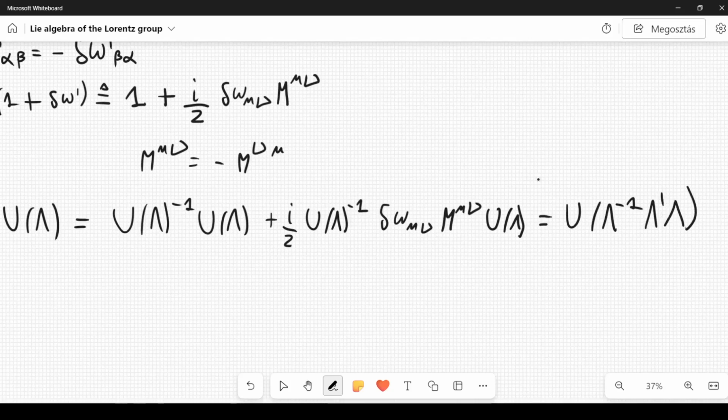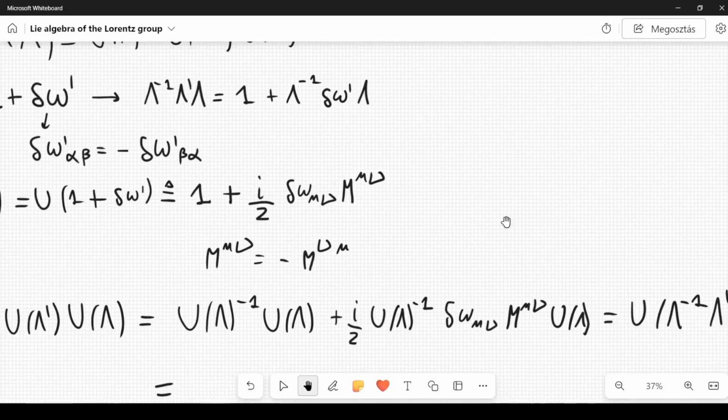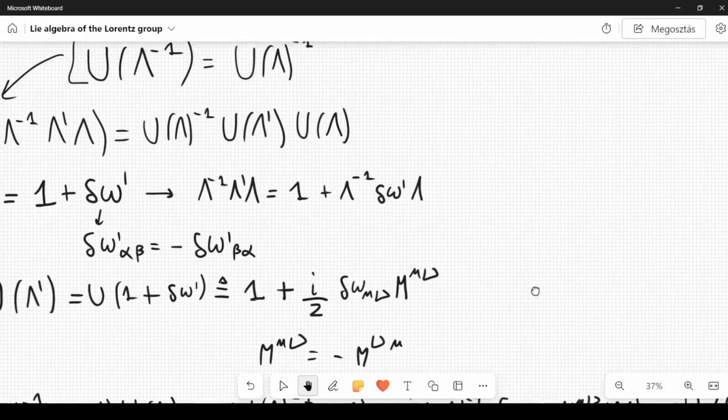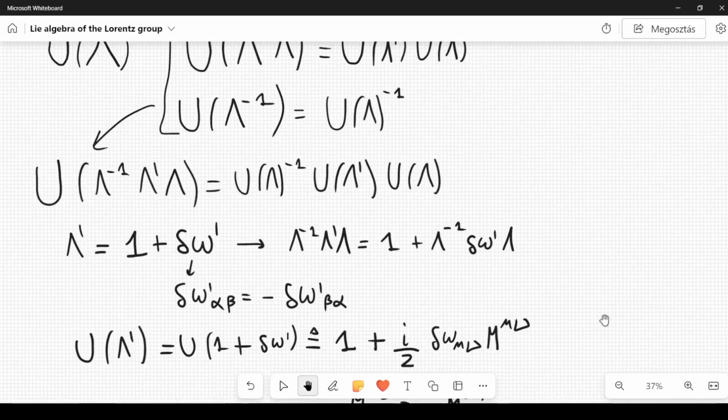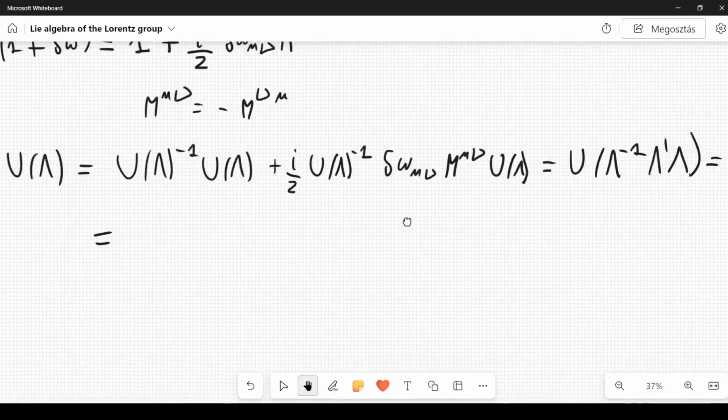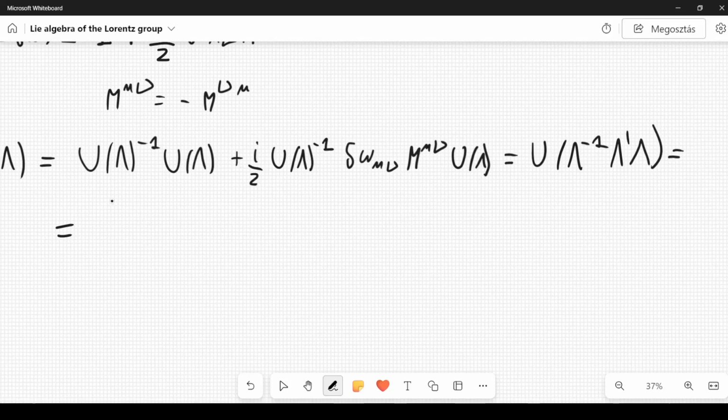And we can rewrite this in the following manner by substituting the expression for lambda prime. Remember that lambda prime is an infinitesimal Lorentz transformation written like this. So we can substitute it and we obtain the following.